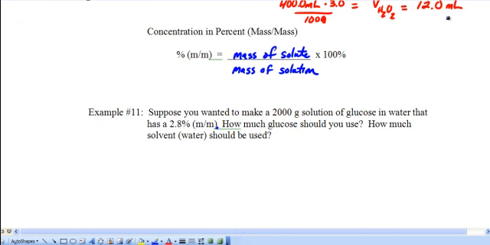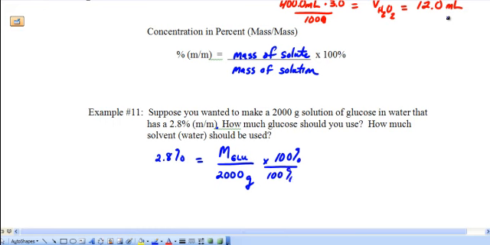Well, first of all, you know that this is going to be 2.8% by mass, and that's going to equal some mass of glucose over 2,000 grams of solution. It's the mass of the glucose over the mass of the solution times 100%. So let's go ahead and solve for the mass of the glucose. Of course, we're going to divide both sides by 100%, so that the percentage signs divide out over here. These entire terms divide out.